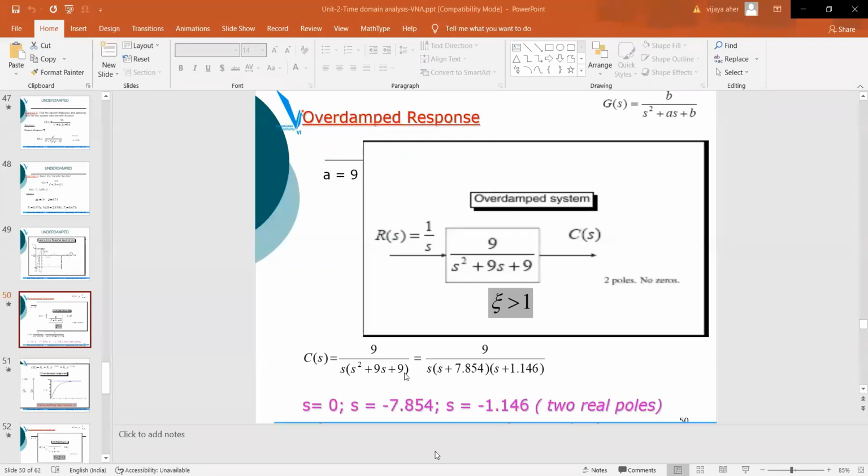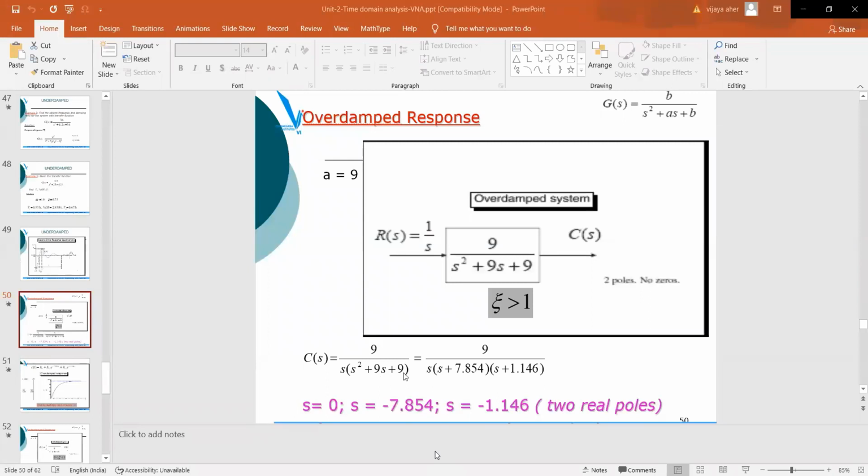Now see what we have done here, students. While solving this example, please concentrate over here. This is your characteristic equation, S square plus 9S plus 9. I have taken the roots of this. Please find the roots of this equation in your notebook.